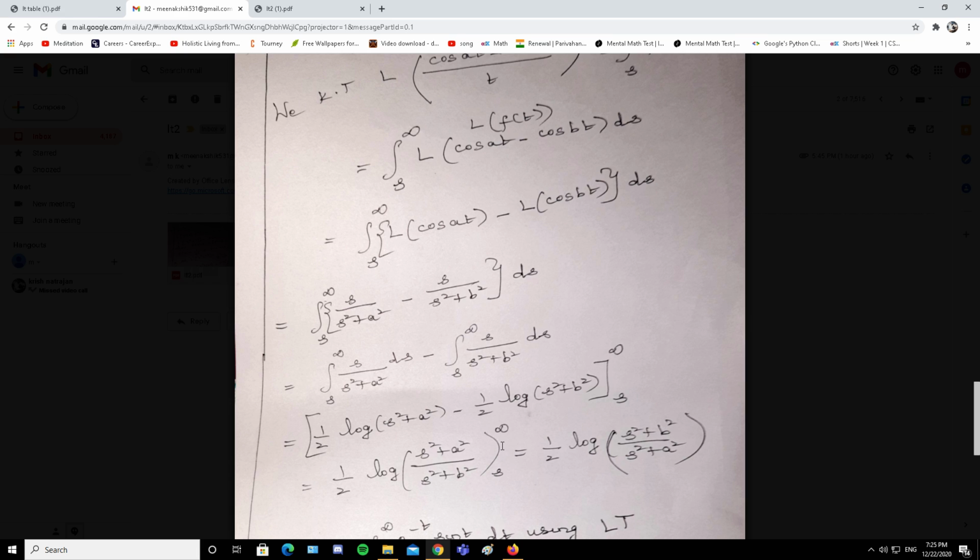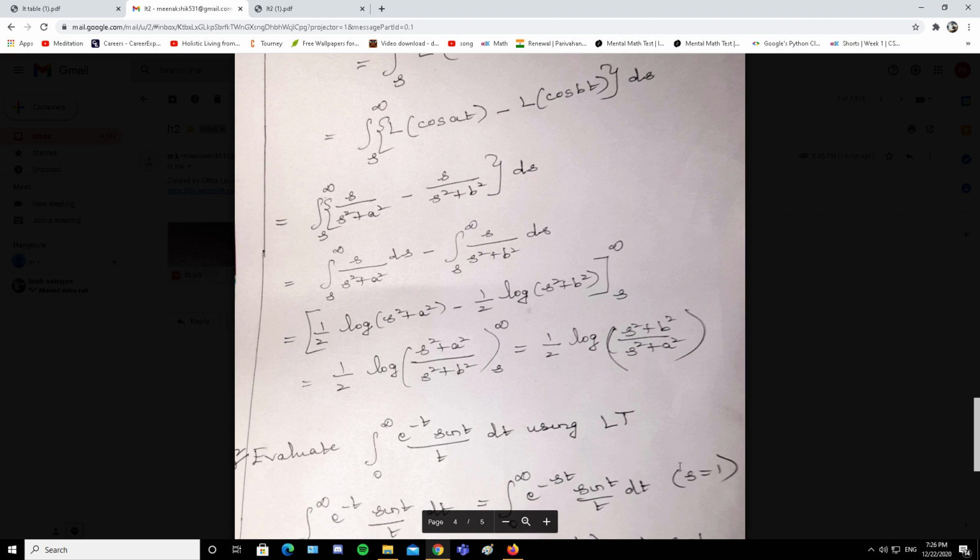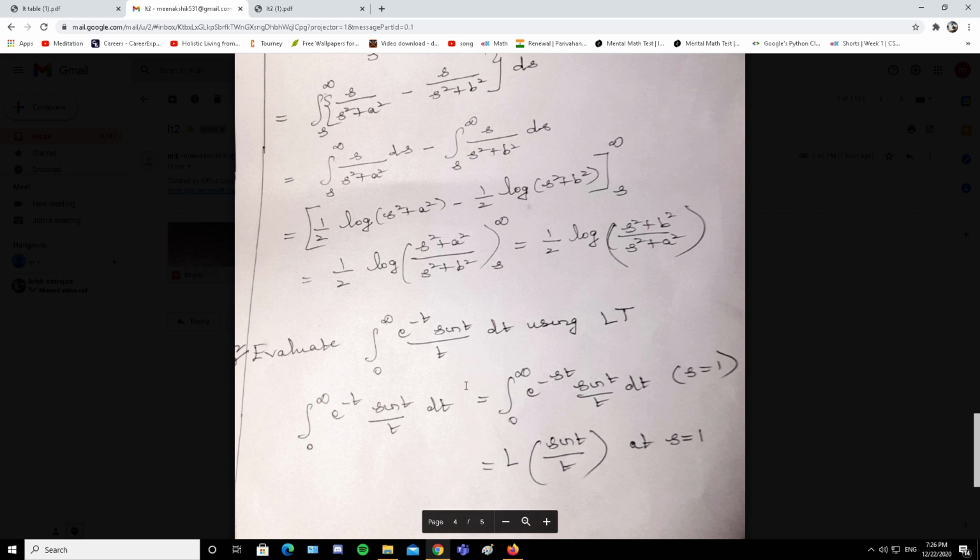It is understood that log of a by b for the upper limit infinity is 0. So ignore the upper limit. For the lower limit, it will be minus half log of s square plus a square by s square plus b square, or the same as half log of s square plus b square by s square plus a square.